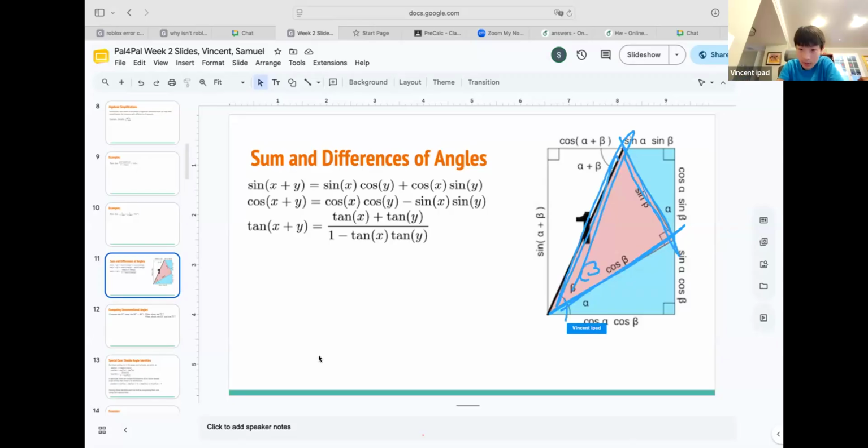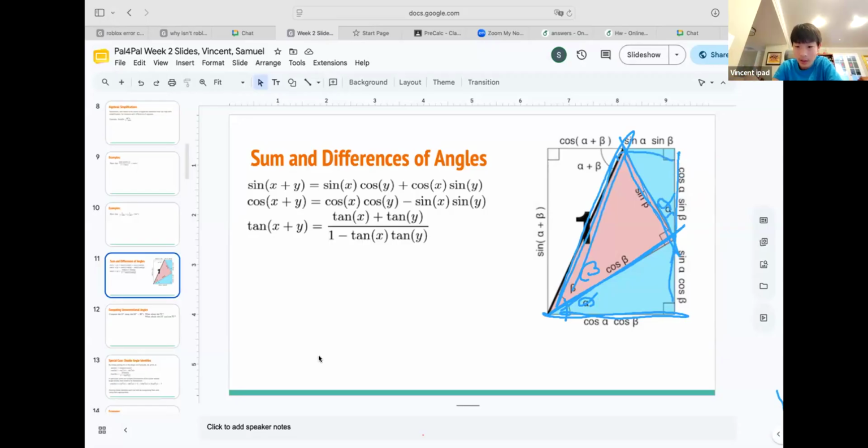So you let this be alpha, and now you want to calculate the other stuff. You know that this bottom base is going to be cos alpha cos beta based on this. And then this is sine alpha cos beta. You also know by similar triangles, this is also alpha. So you get these two side lengths.